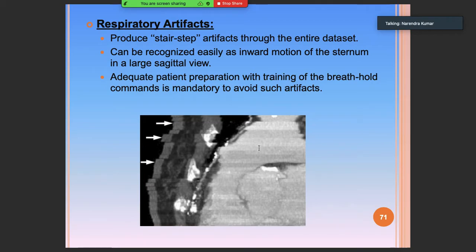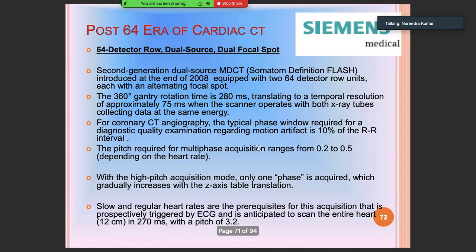So there are different products as well. Some of the most popular ones are from Siemens. As I had said, you can have excellent images, and the pitch is like 0.5 to 0.2 itself, and there's a high pitch acquisition mode, during which only one phase is acquired. Okay, and the images are really good.